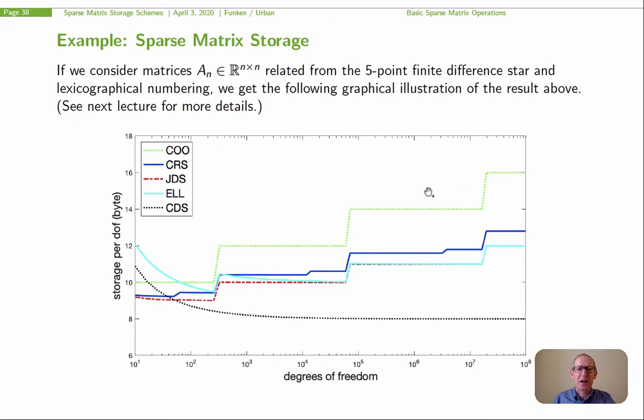All the other methods are in between. You already see that the CSR method, in the mid-range up to the limit, is easy to handle, but it's not optimal for the matrix storage.